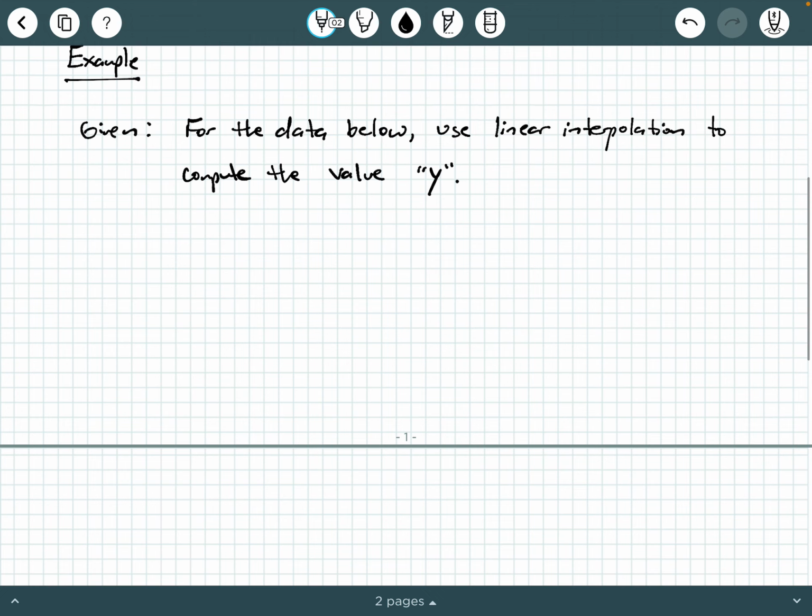This is all given information right now. Let's call this data set capital X and capital Y, and let's say that we know the points 1, 2, and 5, 4. And we want to find this value of little y that corresponds to an x value of 3. So this is our given information.